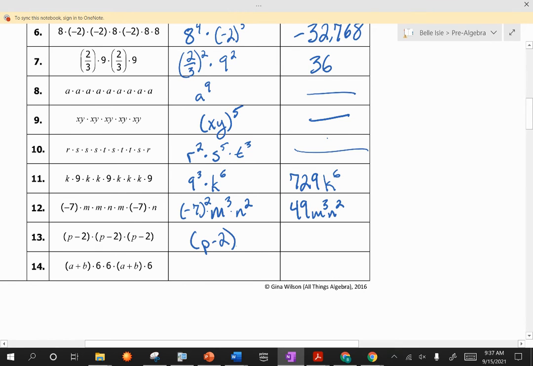P minus 2 cubed. And when you get into algebra 2, you'll have to express that all the way out. You'll actually multiply p minus 2 times itself 3 times and show what that polynomial looks like. Eventually, we will get there. No value for that one.